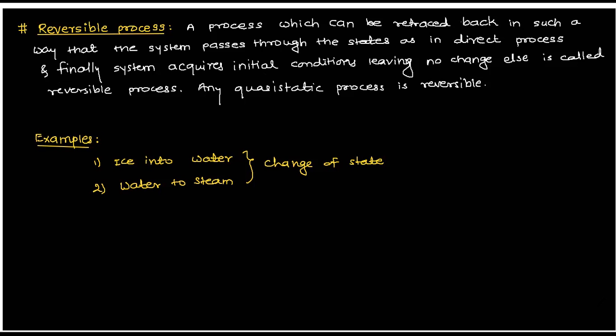Now here in this irreversible process, what will be the definition? The process which does not follow the states which are in the direct process, and the process cannot be retraced back. So I am writing like this.